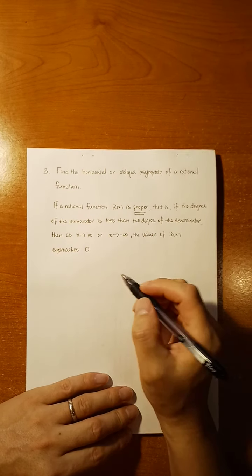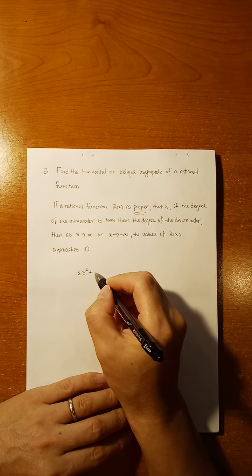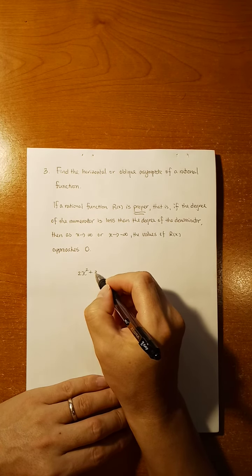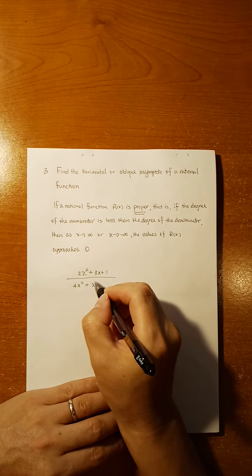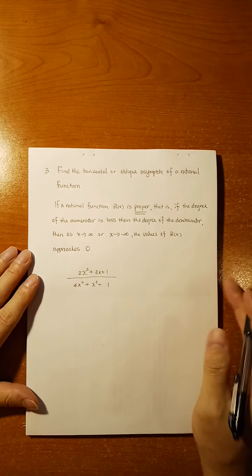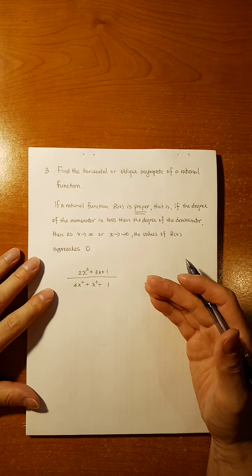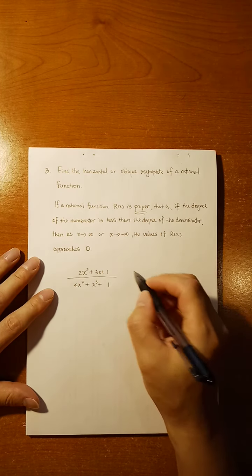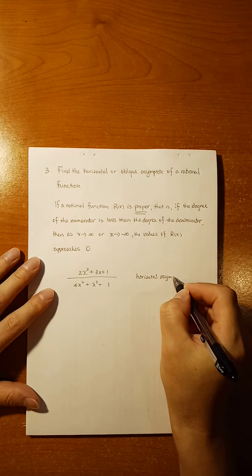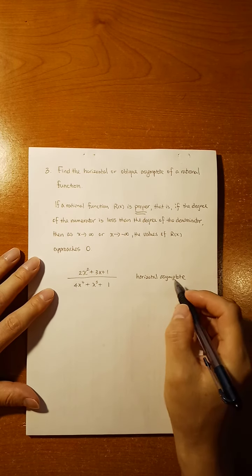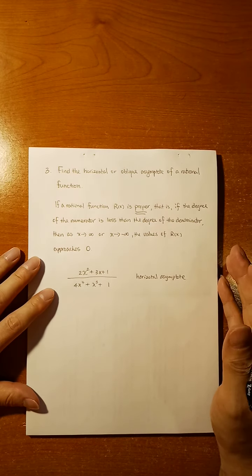For example, you have x squared plus 3x plus 1 over 4x to the 4 plus x cubed plus 1, something like this. When we talk about horizontal asymptote, it studies the behavior of the graph of the function at infinity, as x approaches infinity or negative infinity.